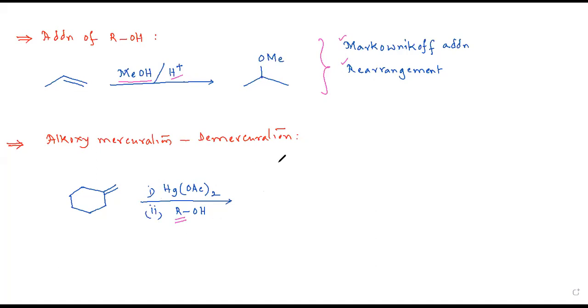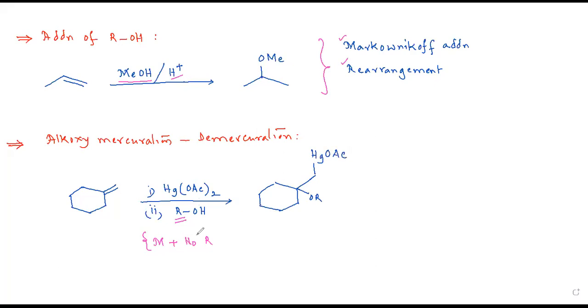This, in fact, goes via Markovnikov plus no rearrangement. We know that. Now, according to Markovnikov addition, the OR from this. Okay, here you get OR, and here, of course, HgOAc.